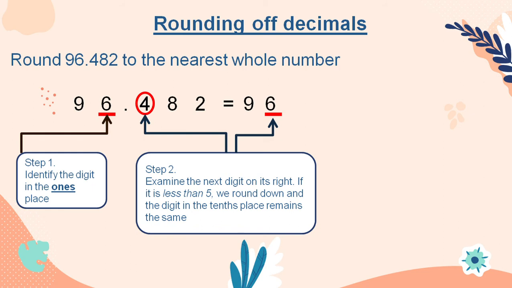Are you sure it is the 6 in the 10th place? No. It is not in the 10th place, but it is in the ones place. Okay, this is in the ones place.